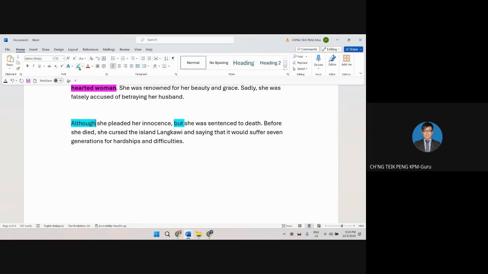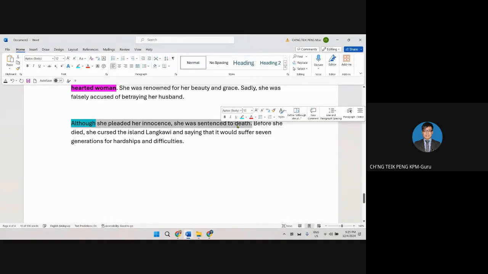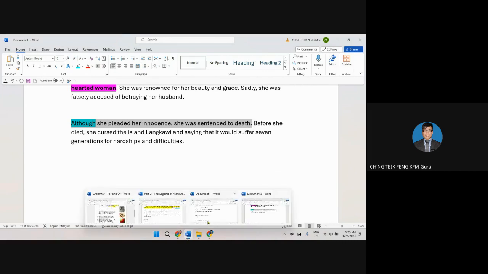Although and but cannot appear in the same sentence. In Chinese it's fine, but in English it is not. If you want to use but, don't use although. She pleaded her innocence, but she was sentenced to death. Or another way of writing, although she pleaded her innocence, she was sentenced to death. Let me jot down for you.